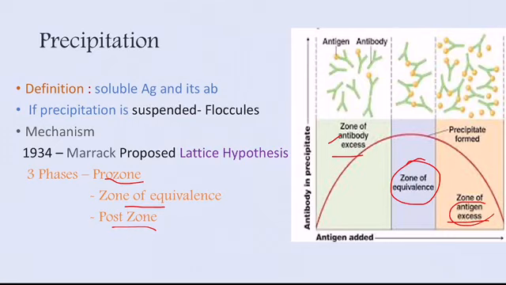In both the prozone and postzone, precipitate formation is prevented because either the antigen or the antibody is in excess. But in the zone of equivalence, the alternating units of antigen and antibody form a lattice structure that leads to the formation of a precipitate. That is the zone of equivalence, where the amounts of antigen and antibody are in optimal concentrations.